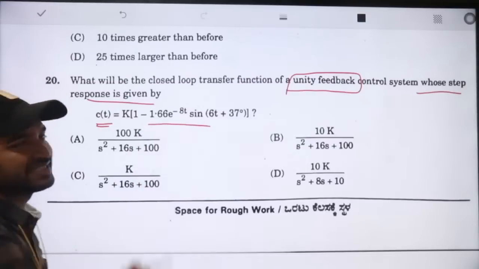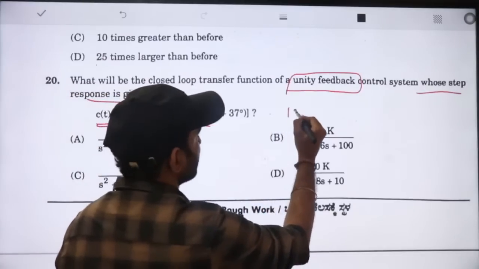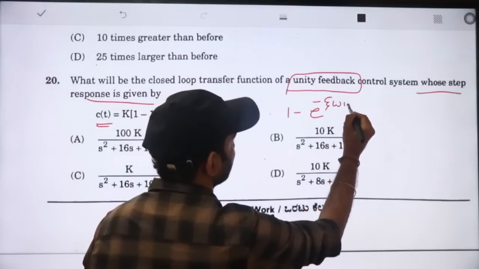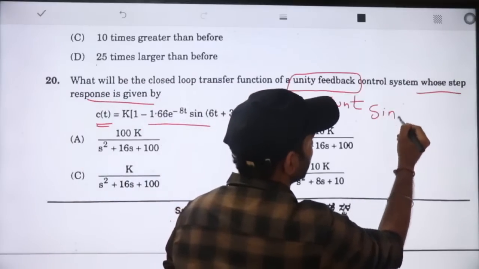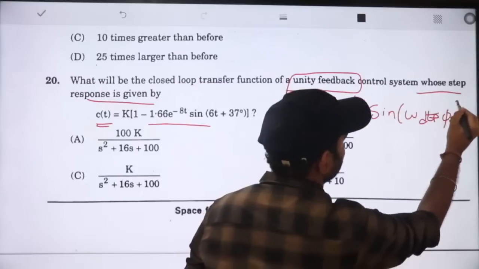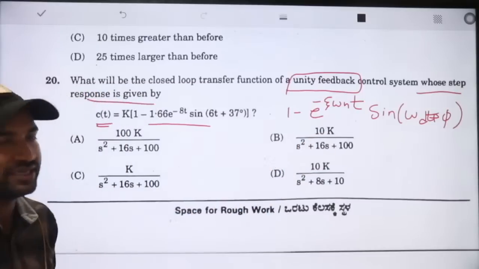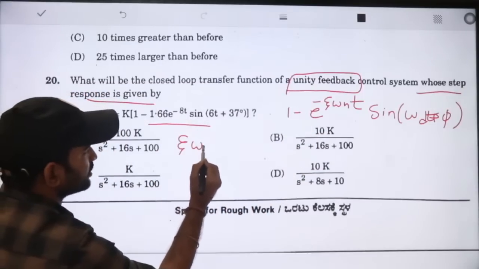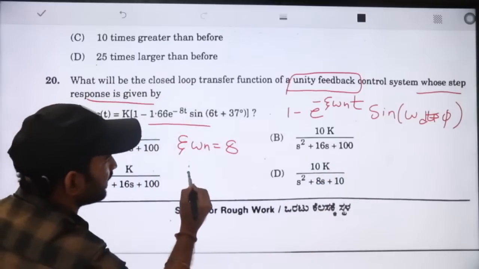For a unit step input, it is similar to 1 minus e to the power of minus zeta omega n t into sine of omega d t plus phi. If you compare this equation with that expression, you will get zeta omega n equal to 8, and omega d equal to 6.